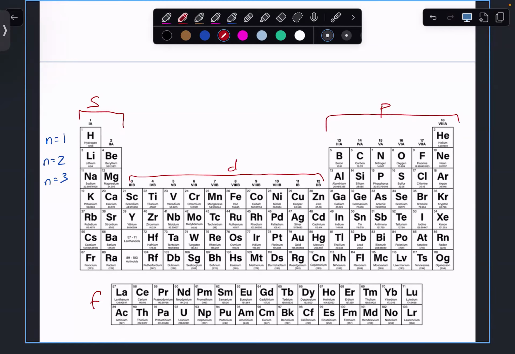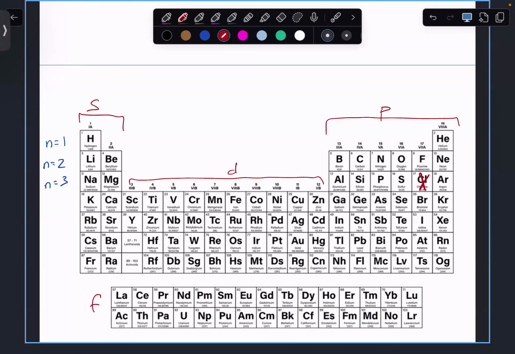So basically, if we're trying to figure out the configuration of chlorine, we can use the periodic table to guide us. So we've got 1s2, that accounts for hydrogen and helium. Then we go down to the second row, 2s2, that accounts for lithium and beryllium.